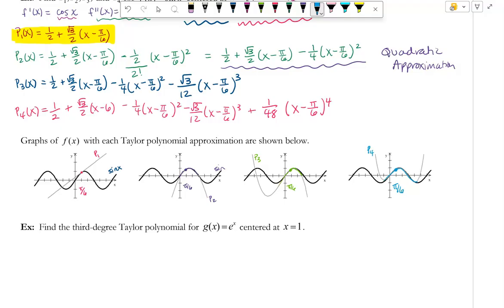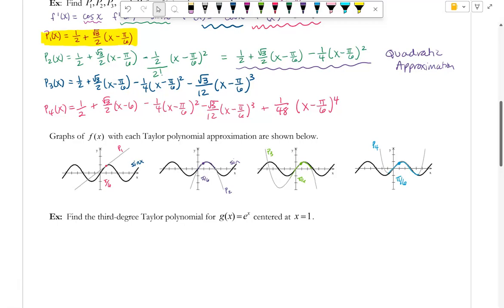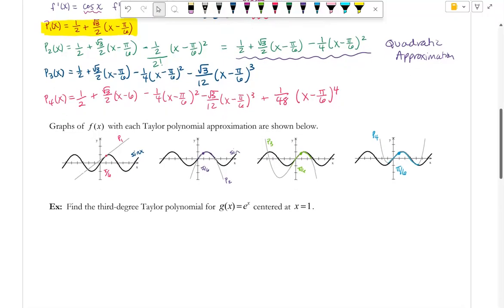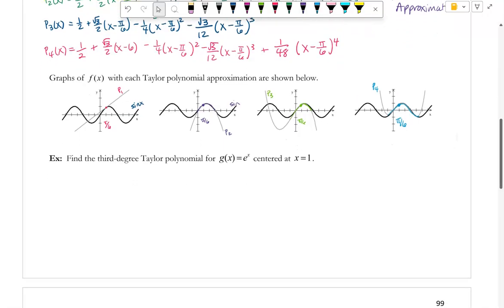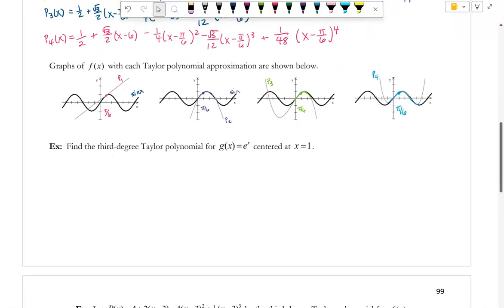So each polynomial, and you could see if we kept going, I would get a 5th degree, then a 6th degree. As we keep going, each polynomial is going to get closer and closer to matching this actual curve. So in general, the more terms that we use, the better our Taylor polynomial will do at approximating the function that we're working with.